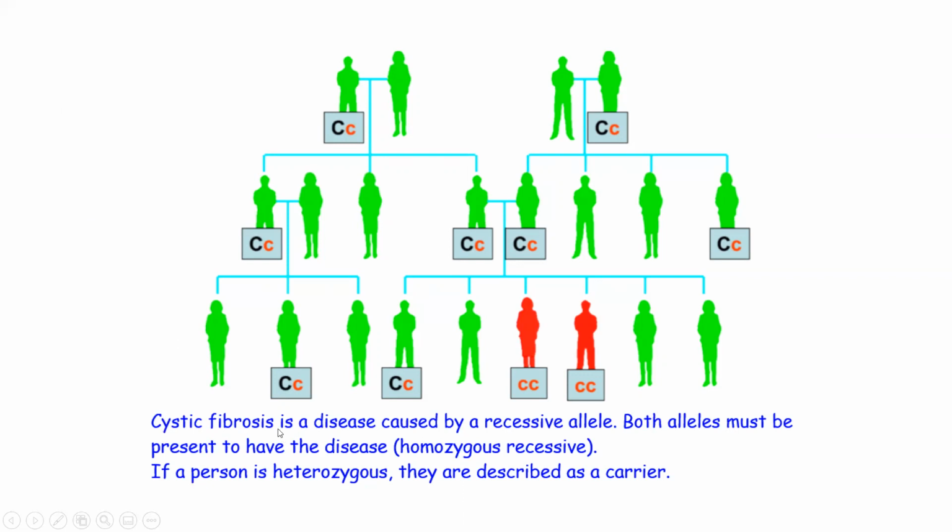It's called cystic fibrosis, and this is a disease that's caused by a recessive allele. So there are only 2 individuals in this pedigree chart who have cystic fibrosis. Because it's recessive, the only way a person can have the disease is if they are double recessive, so little c, little c. So you can see the 2 individuals in the F2 generation who have the disease. They are little c, little c.